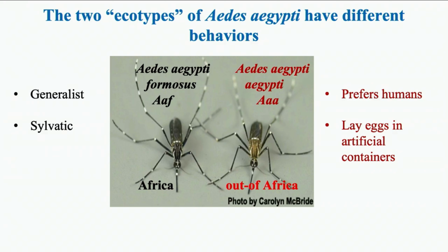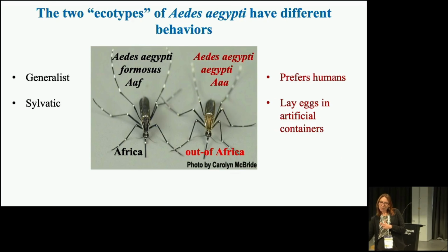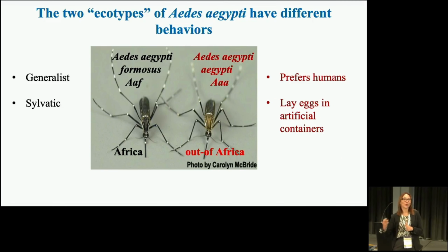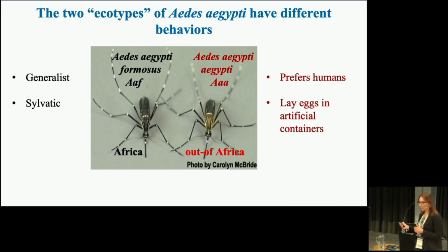These mosquitoes behave differently. Aedes aegypti formosus are generalist, meaning that females feed indistinguishably on humans and animals, and they are sylvatic, so the females tend to deposit their eggs in sylvatic environments. On the contrary, Aedes aegypti have been adapted to human environments, so they prefer to feed on humans, and they prefer to lay eggs in artificial containers.